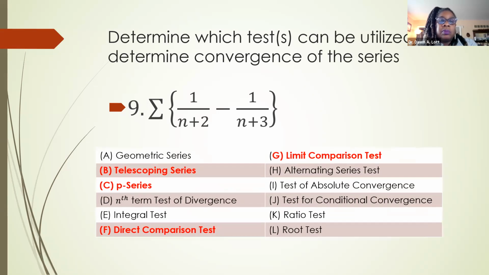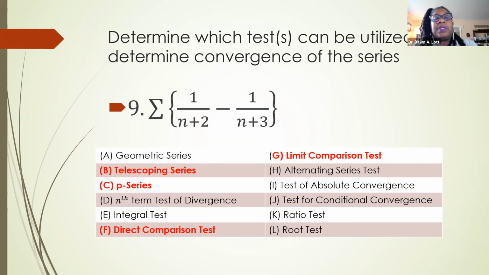Okay. I know you're saying, whoa, where did all those come from? Right now, it's a telescoping series, and that would give you the sum. But if you found a common denominator, you would get n plus 3 over n plus 3 minus n plus 2. So you would get 1 over n plus 2 times n plus 3.